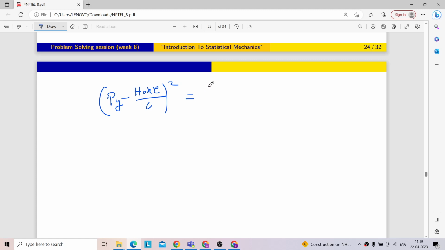I am taking common eH0 over c whole square, or I can take common minus H0 e over c, then effectively I have this square, then it will become x minus c py divided by H0 e whole square.